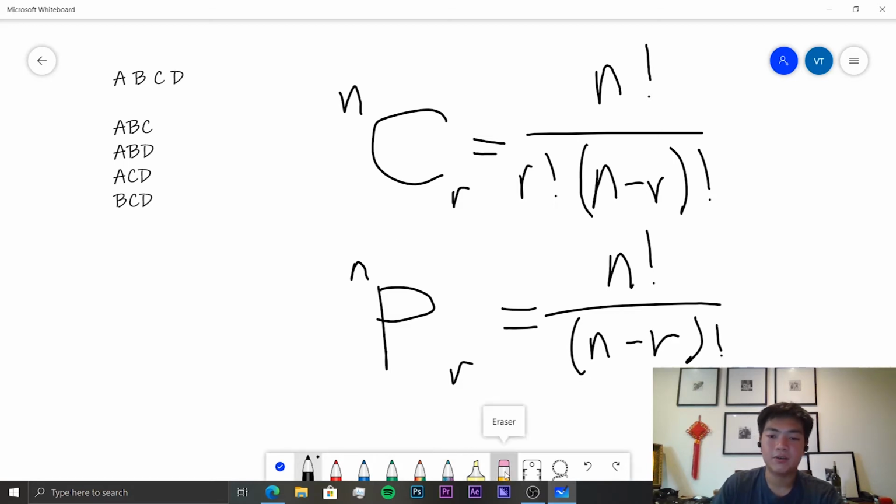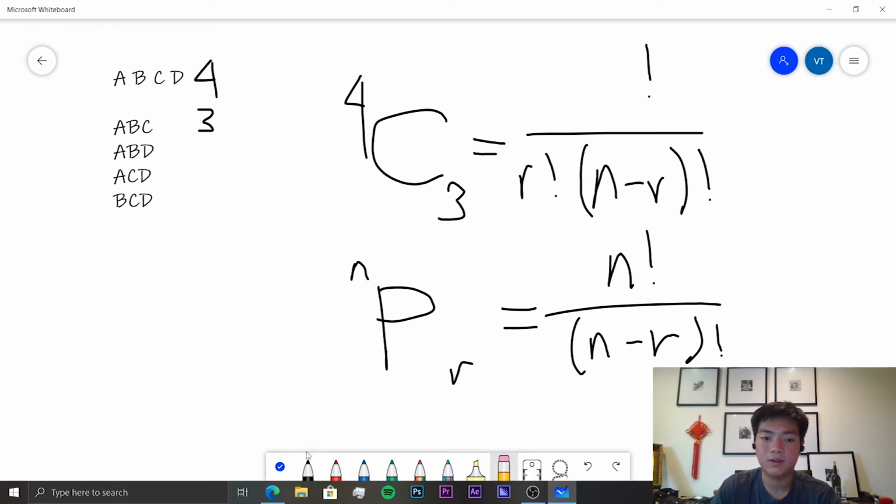And so in this case, we have 4 objects and we're picking 3 distinct ones out of them. So for nCr, this would be 4C3. We replace the n and r with the numbers we're getting. And so this would be equal to 4 factorial divided by 3 factorial times (4 minus 3) factorial.